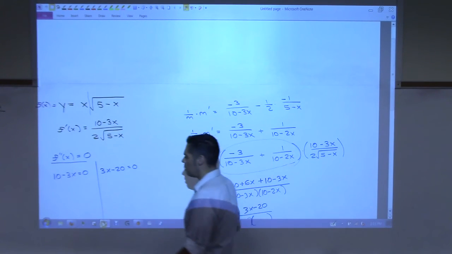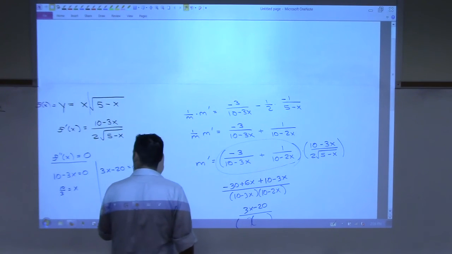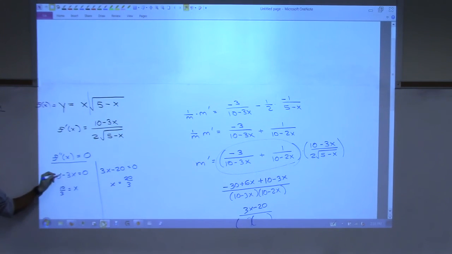We should get 10 thirds again. Is x, and then over here we get 20 thirds. Isn't it negative? No, because you move this over. Yeah, you divide by negative 3. When you move it over, it's positive 3x, and then divide by 3.